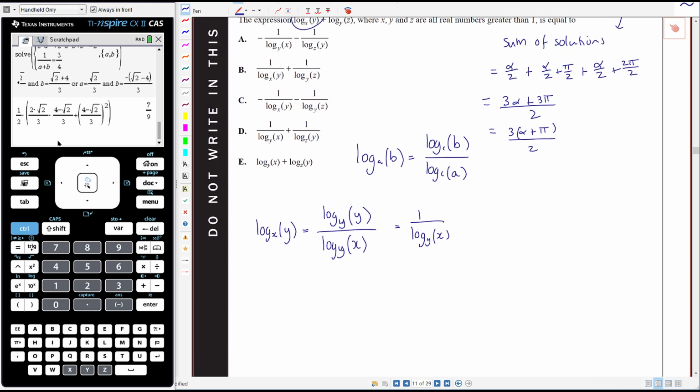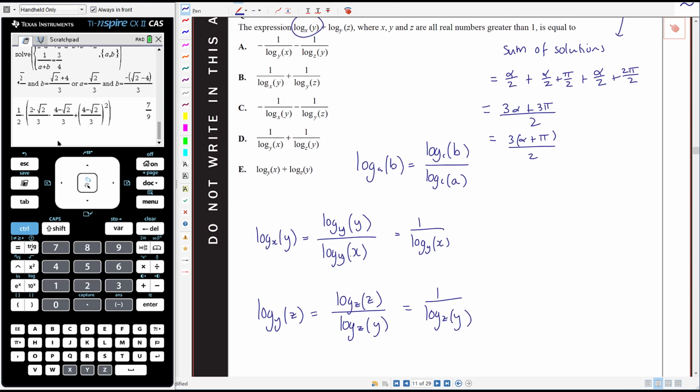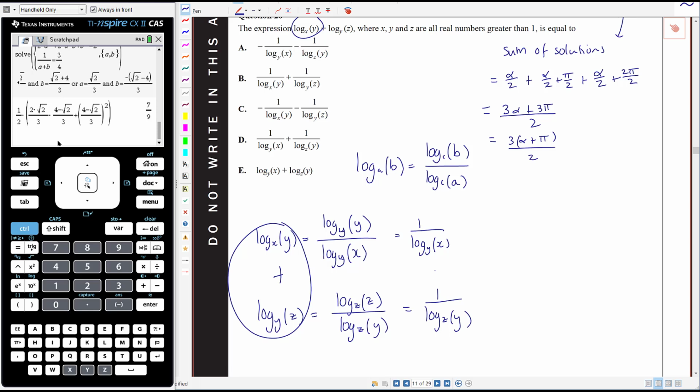And the same logic tells us that log base y of z can be written as log base z of z over log base z of y, and so therefore it is 1 on log base z of y. And so these two things added together are equal to these two things added together.